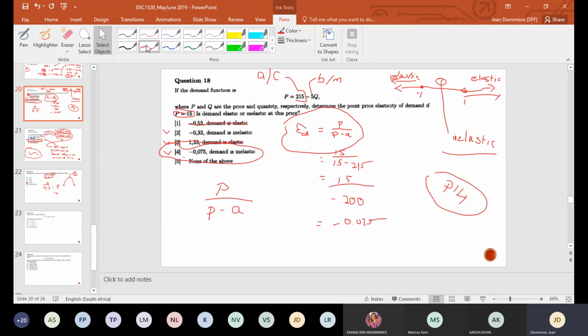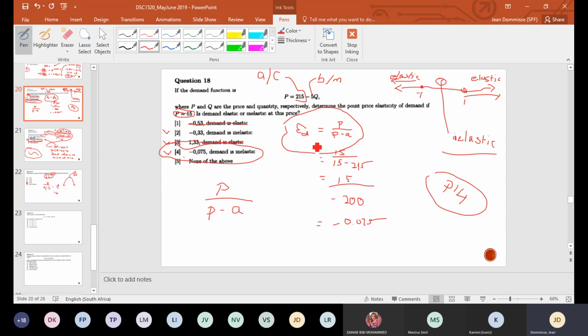This one was strange for me, because normally you have only 2 answers. Let's take this example. Normally your options would have been minus 0.75 demand is inelastic, or positive 0.075 demand is elastic, and then they give you a 1.33 and a minus 1.33 nearly.